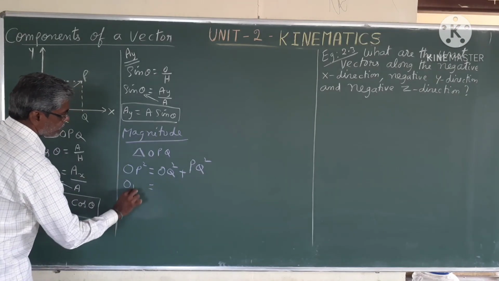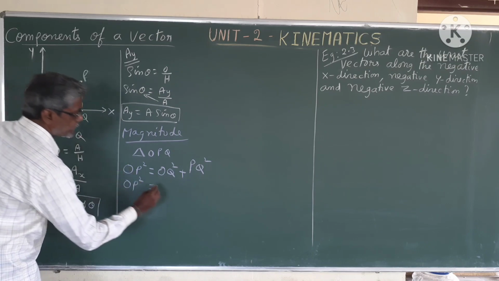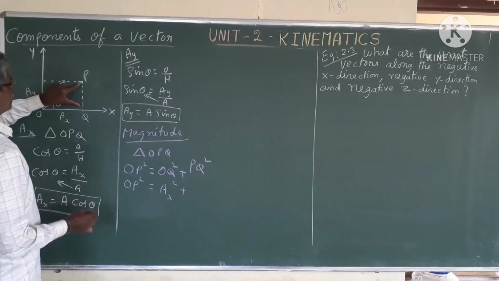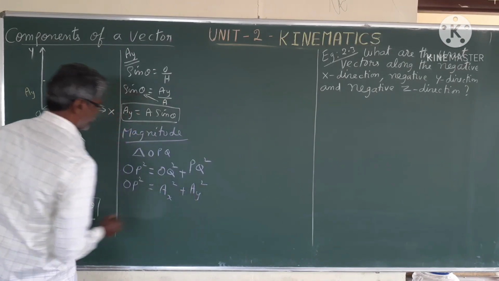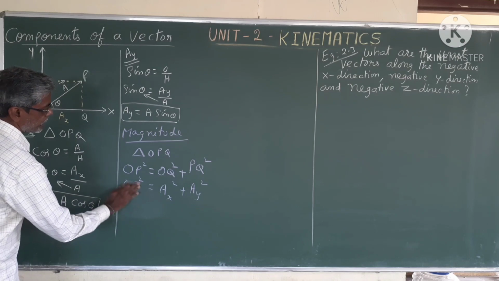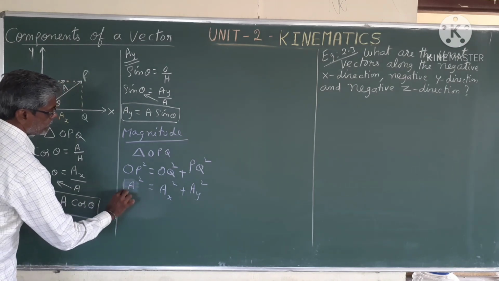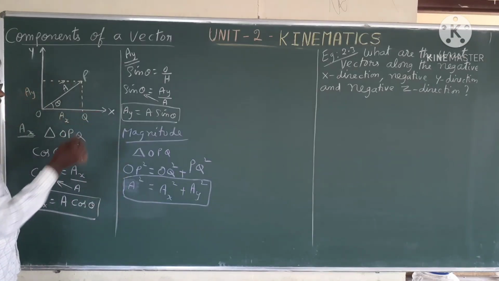So OP square is equal to OQ square is nothing but Ax square plus PQ is nothing but Ay square. Instead of OP, I can write A. So A square is equal to Ax square plus Ay square.